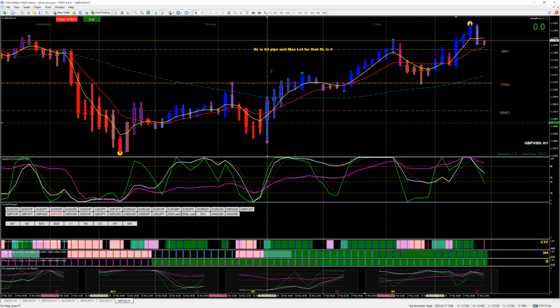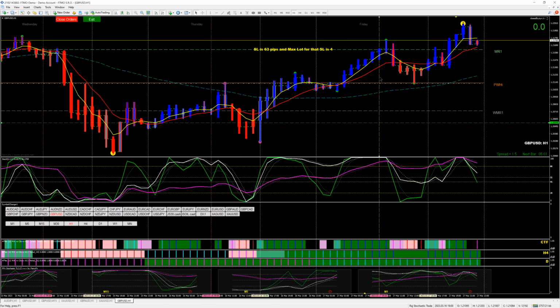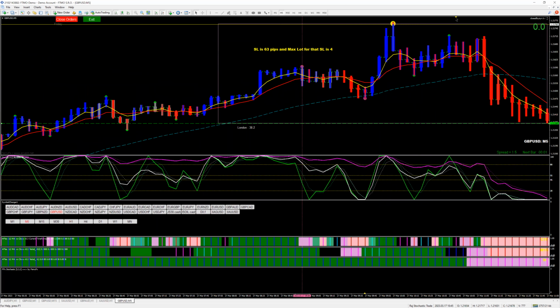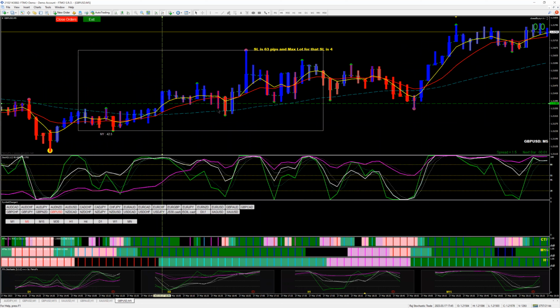And now we are onto the next day. We are still in the retrace, so we have to wait for the cycle, which happens right there. Go to the 5-minute, look for an entry. Get an entry right away.